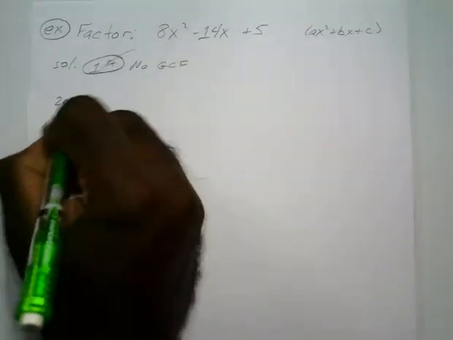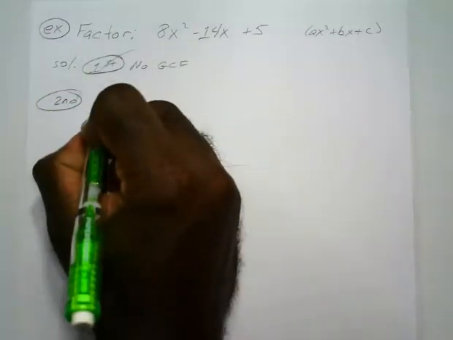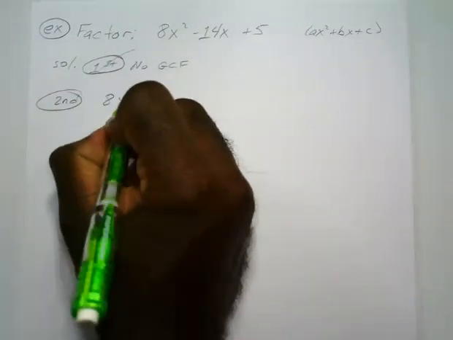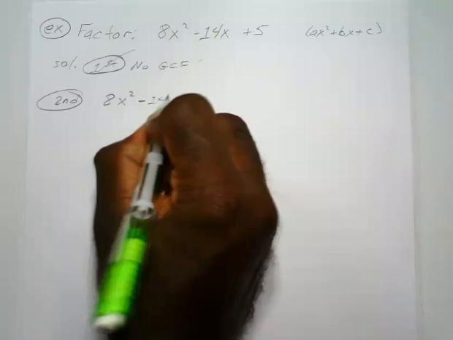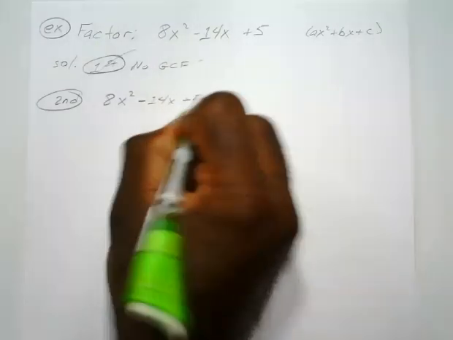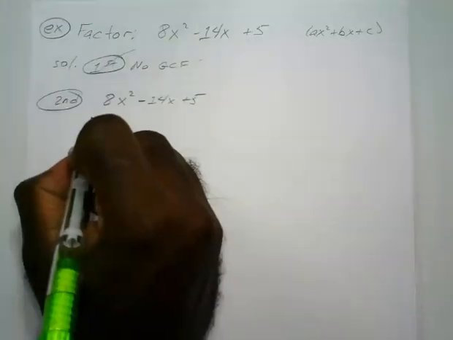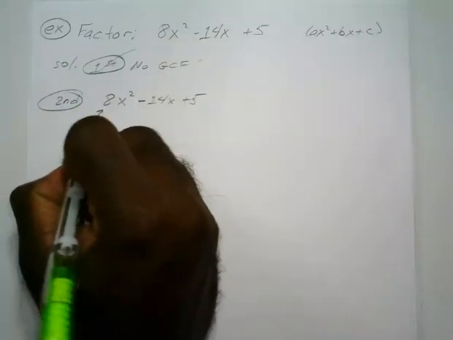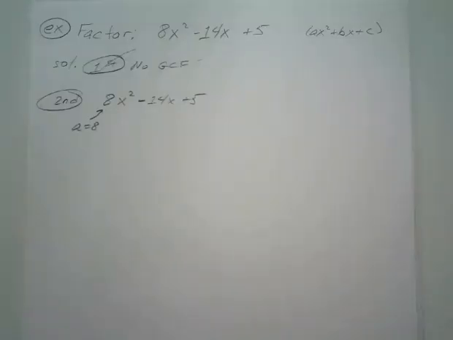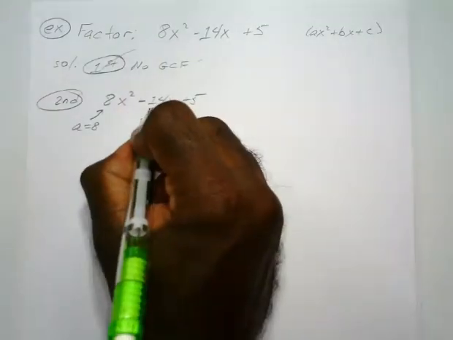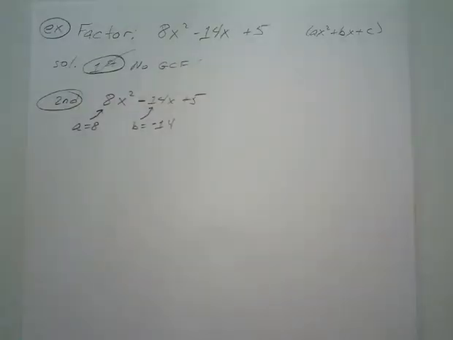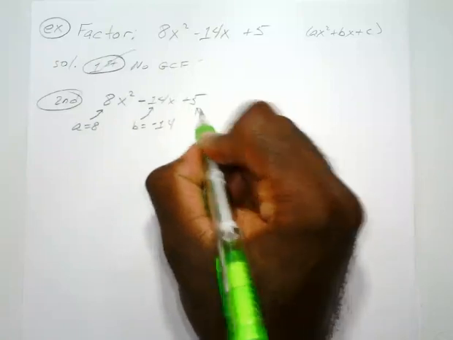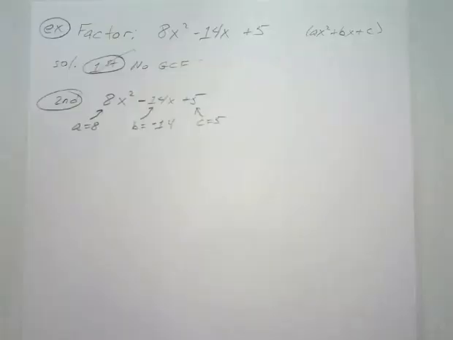Now for your second step, I'm just going to rewrite it, 8x squared minus 14x plus 5. In this case, your a is equal to 8, your b is equal to negative 14, and your c is equal to 5.